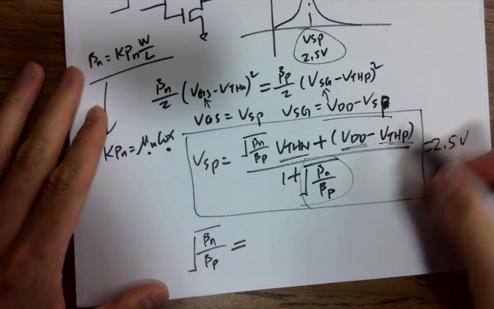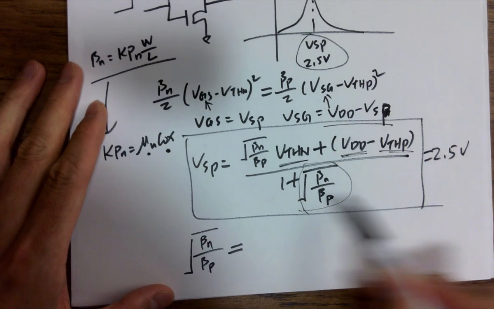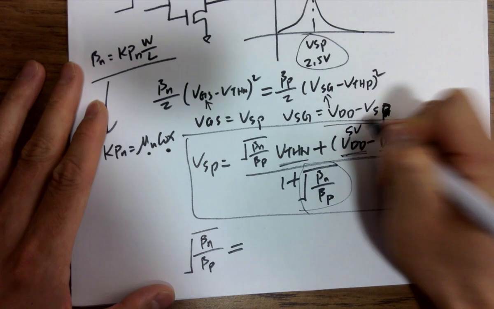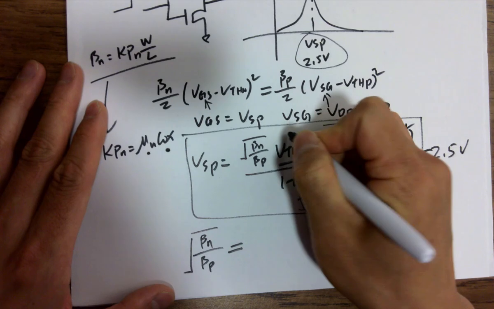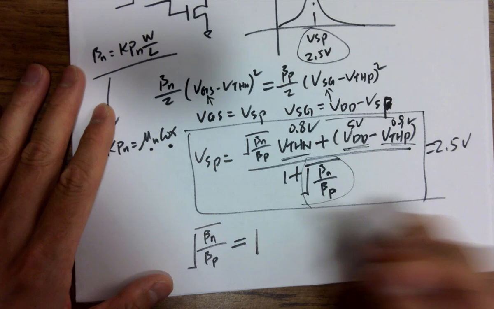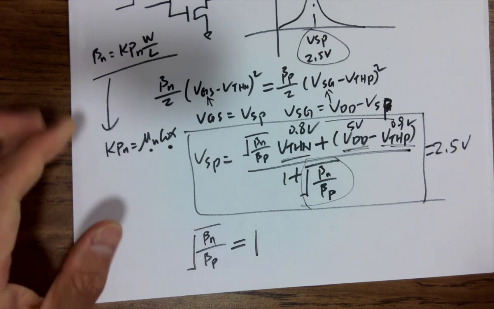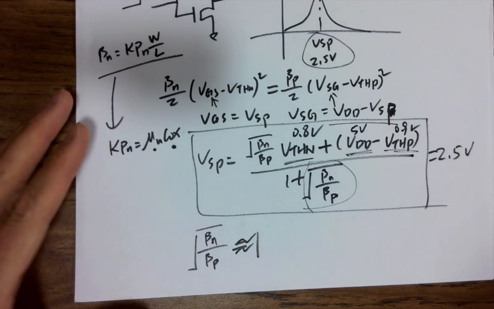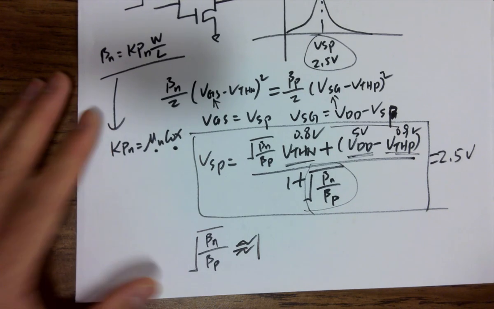I'm not showing the process in the middle because it's really simple algebra. Move things around, with VDD replaced by 5 volts and the thresholds 0.9 volts and 0.8 volts, and there's only one variable here, and this is pretty much 1. Not exactly, but very close to 1. You can find out if you want.